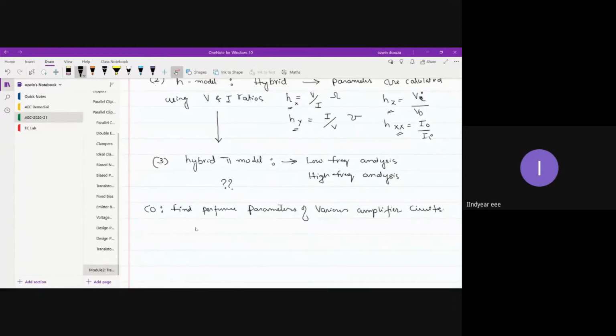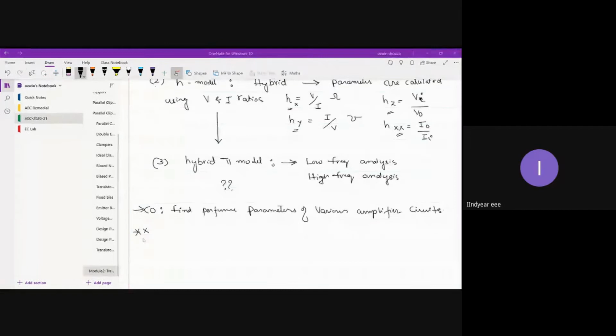By looking at those performance parameters, you can also judge which amplifier is good or which amplifier is used for what purpose. You can infer this from this particular course outcome.